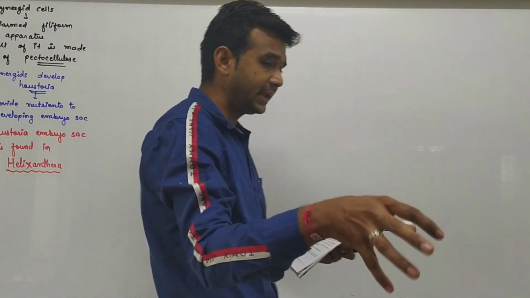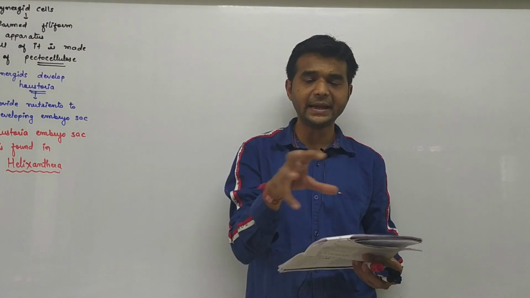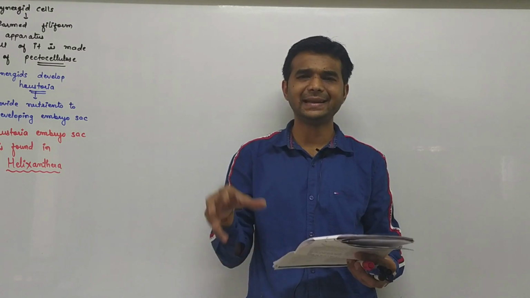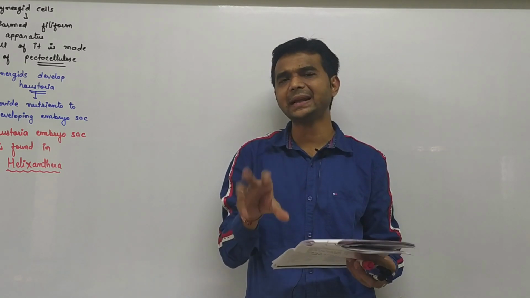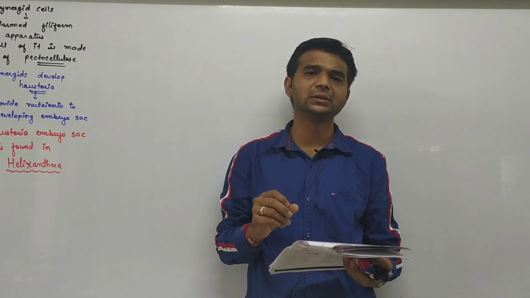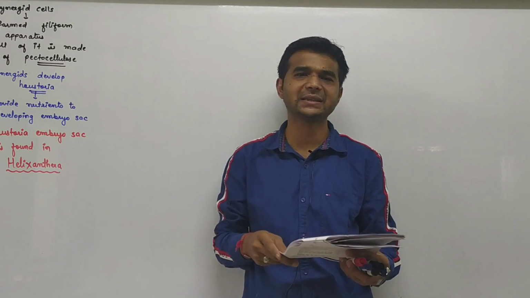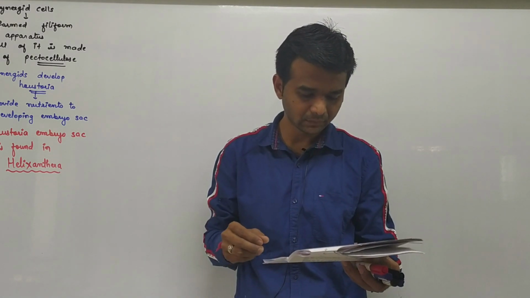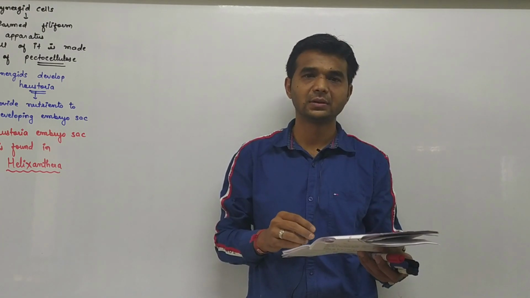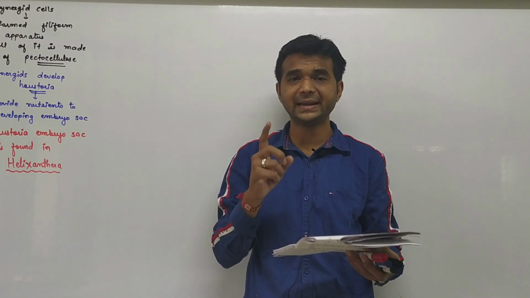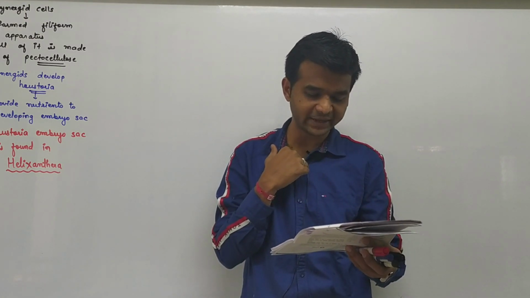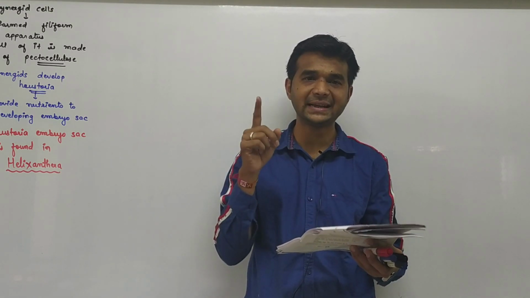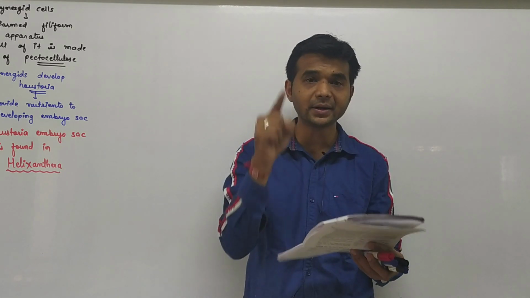Then in the embryo sac, the three antipodal cells, two polar nuclei and egg apparatus, all these cells are connected together in proper position by plasmodesmata. The two polar nuclei or secondary nucleus are also known as the central cell.